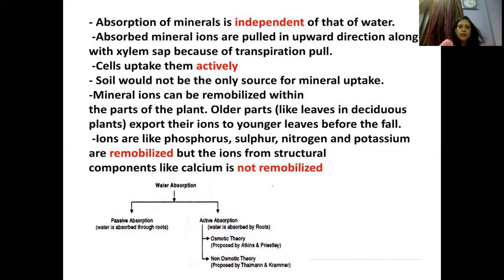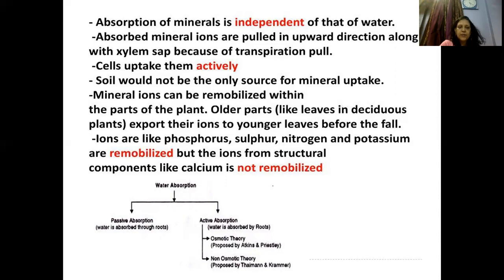And you could see all the different kinds of ions are being absorbed. So basically water absorption is of two kinds, a passive absorption and active absorption. Now in passive absorption, the water is absorbed through the roots, and in active absorption, the water is absorbed by the roots.